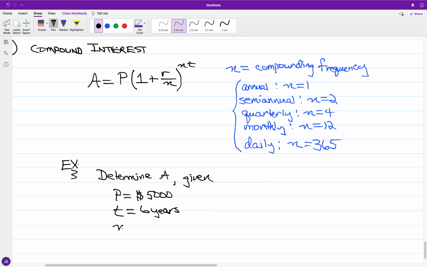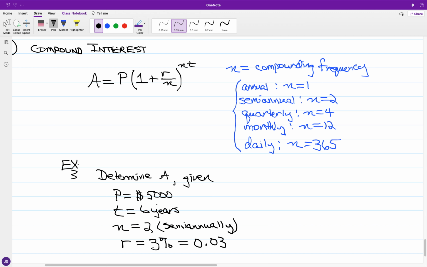For the frequency, we have semi-annually, which I think is how compounding is done with things like federal government treasury notes. And we'll say the rate of interest R is 3%, and as a decimal, this comes out to 0.03.